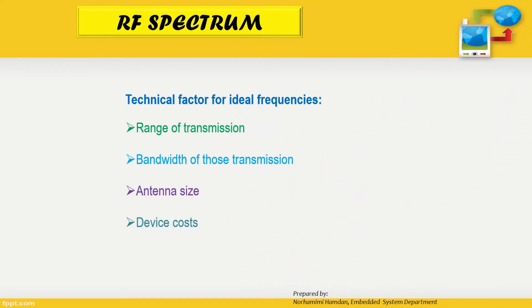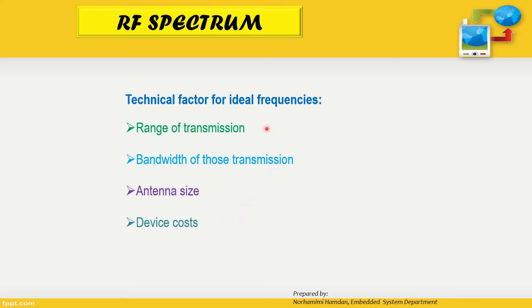There are many technical factors determining the ideal frequency for a particular application, such as, the first one, range of transmission. How long will the signal need to be transmitted? And then the bandwidth of those transmissions, and then the antenna size, and of course the device cost.